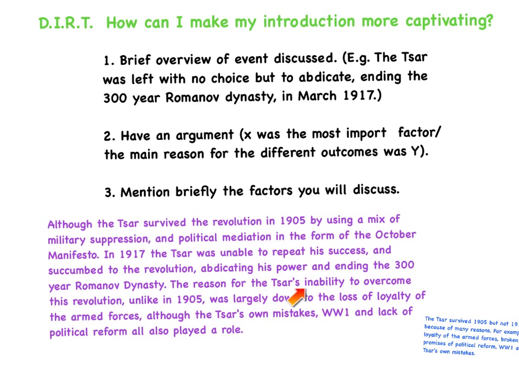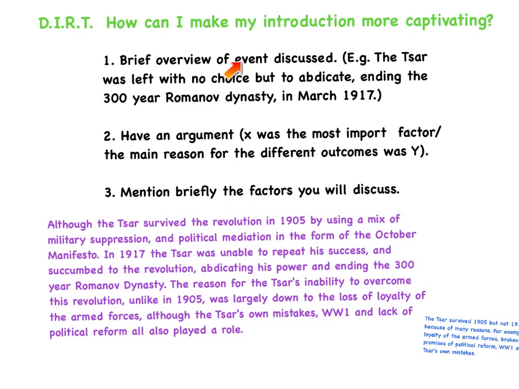The reason for the Tsar's inability to overcome this revolution, unlike in 1905, was largely down to the loss of loyalty of the armed forces, although the Tsar's own mistakes, World War I, and lack of political reform all also played a role.